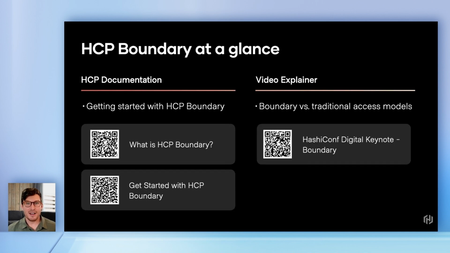Additionally, we have some great content targeting HCP Boundary in our tutorials, which you can find in our new developer portal at developer.hashicorp.com. We also have some great explainer videos that give an overview of why new access management solutions are needed and how Boundary fills that space in the Zero Trust ecosystem.